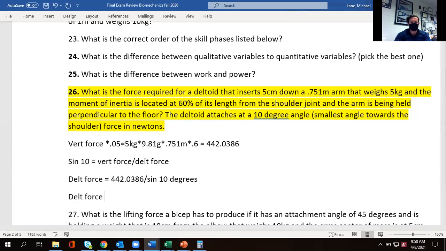So the delt force overall is going to be equal to 2,545.59.